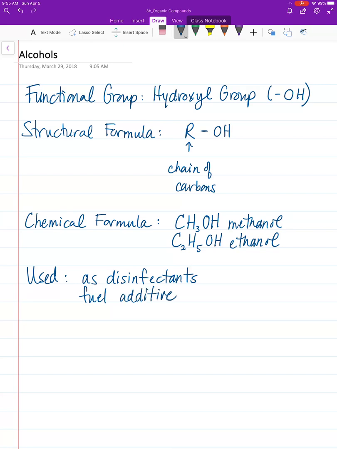So if you buy your gas, I believe Husky gas stations will put ethanol in their fuel, as well as we use it as a solvent, so to dissolve things. Another one, alcoholic beverages. And we also use it in the production of drugs or pharmaceuticals.